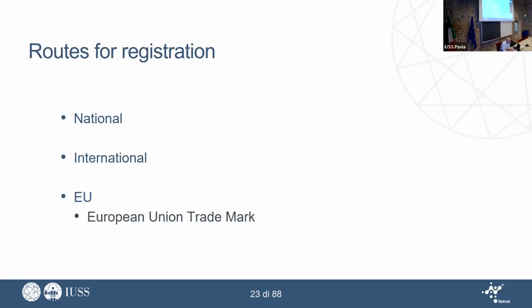So the European Union trademark protects your sign in all the European market. So that's the better way, I think. It's possible, of course, to file an international application with the WIPO, the World Intellectual Property Organization, so you can apply for a world trademark.